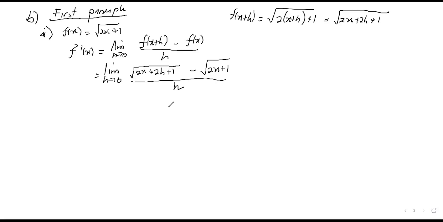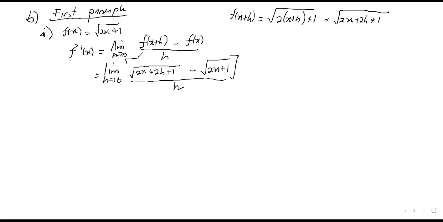Now the idea is we cannot put 0 where there is h, because the denominator then will make everything here undefined. So what do we do? We rationalize the numerator.